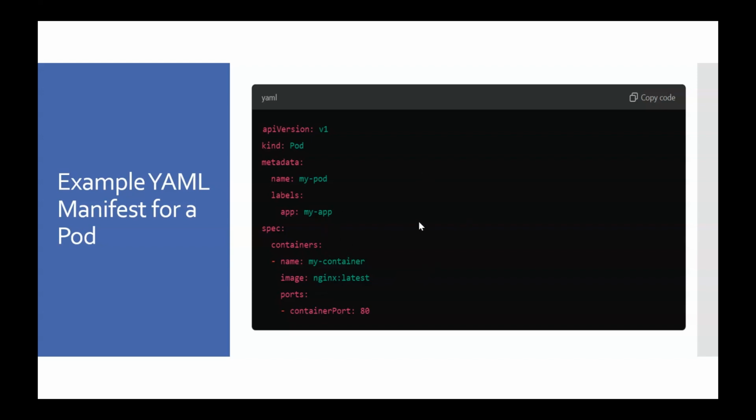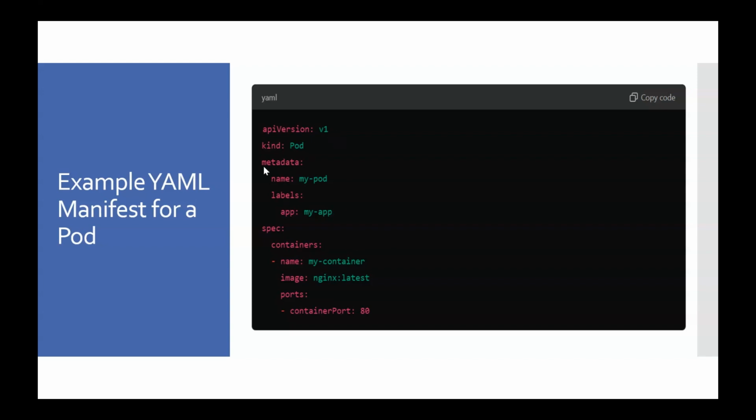So we have specified name, image, and ports in the container. To create the pod, which is just the smallest unit in Kubernetes, you need containers, and you create the containers using images. So in one pod, you should have containers, and containers you can create using the image.